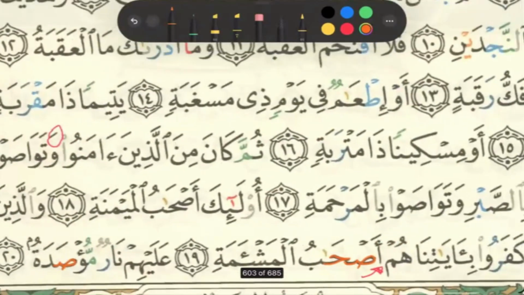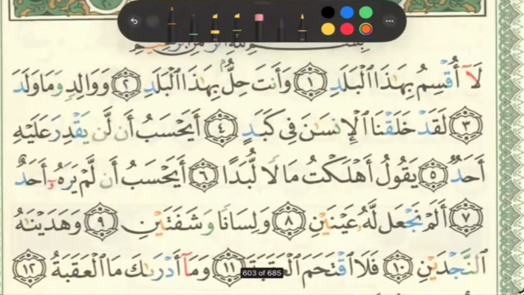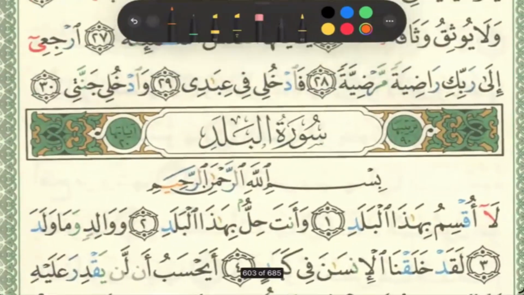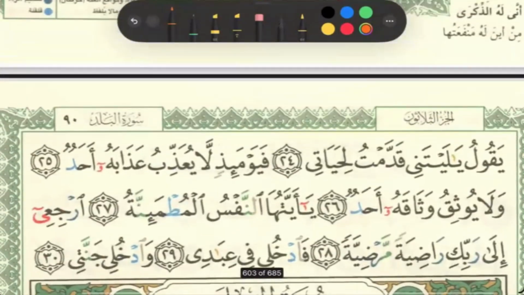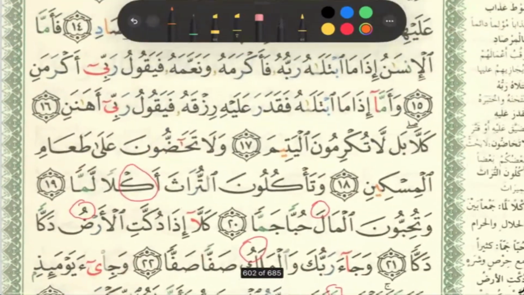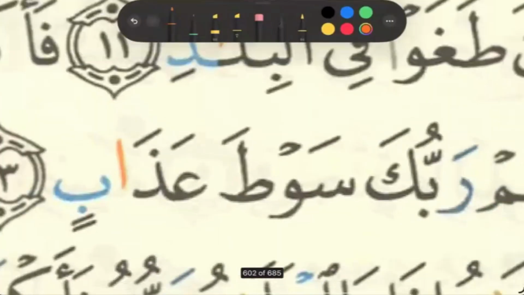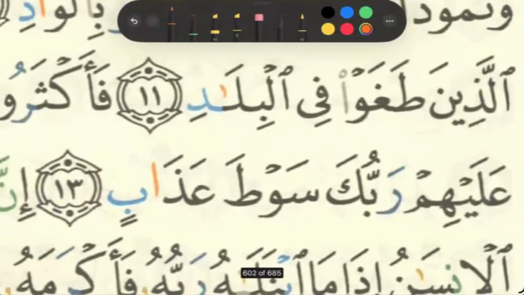Still looking for ta and dha though. Here's a ta. So here, it starts here. Curve, curve. My pen is up.